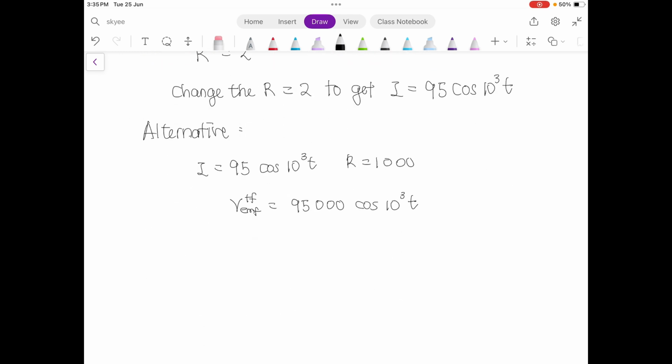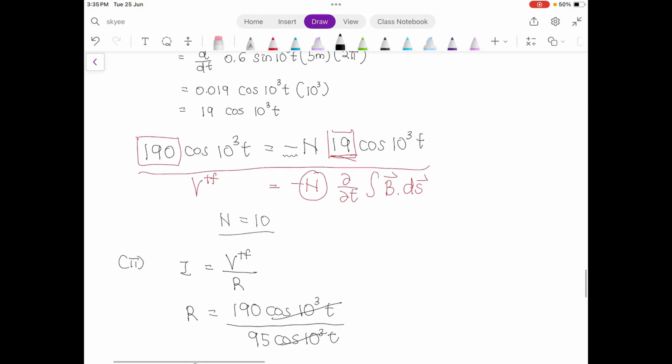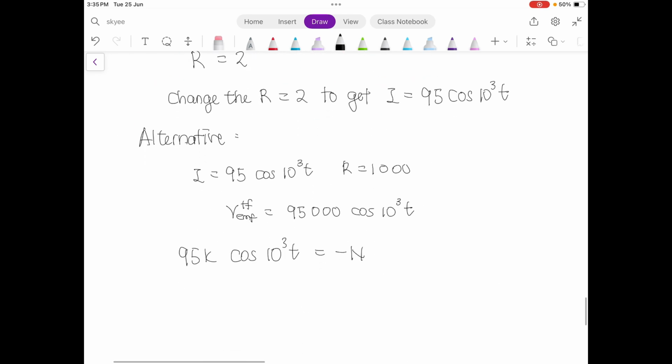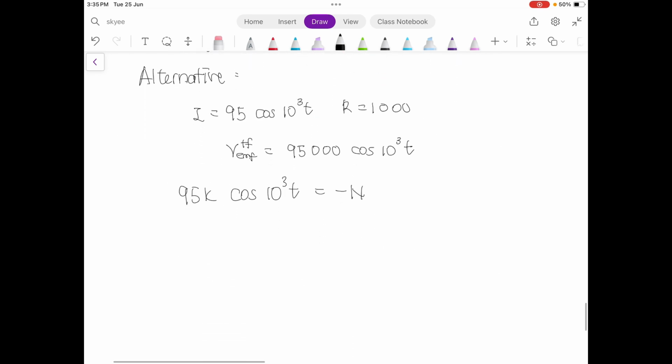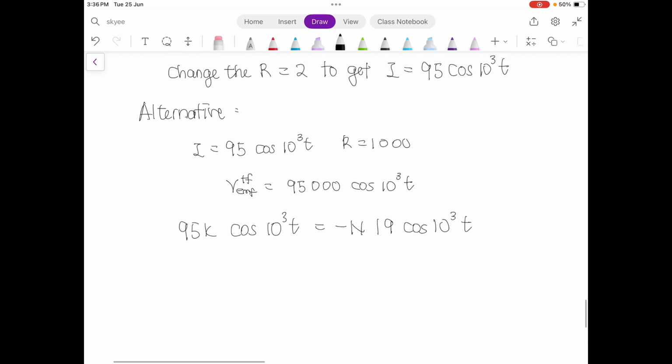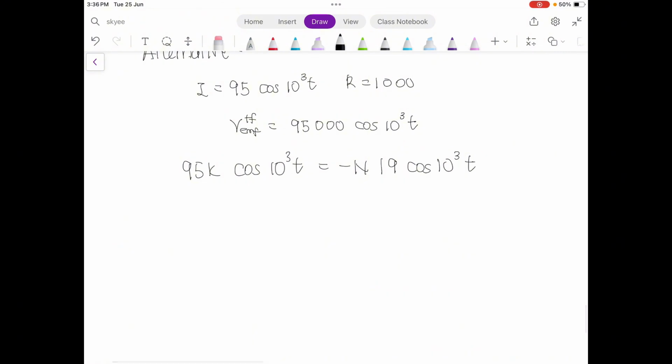If you put this thing together with this, 95k cos 10 power 3t equals to minus n. Just now we have this one, right? So this one you can remain 19 cos 10 power 3t. Try to find out what is the value of the n that is suitable.